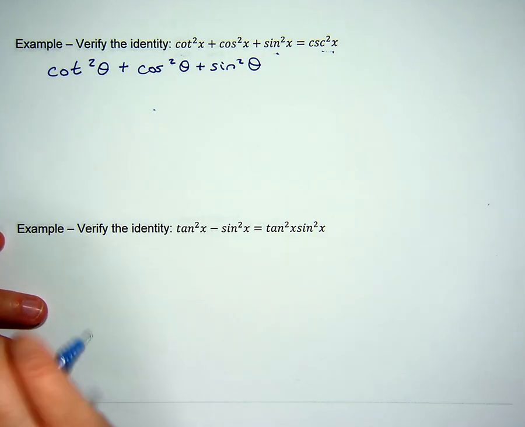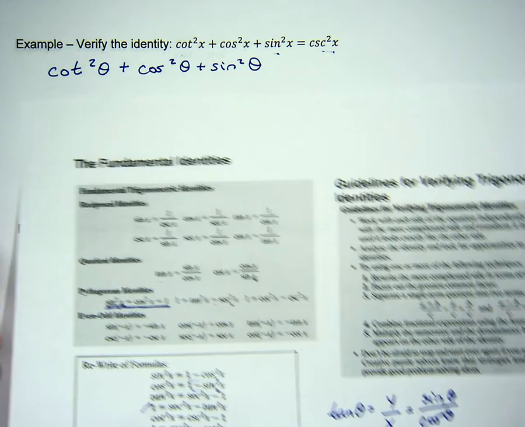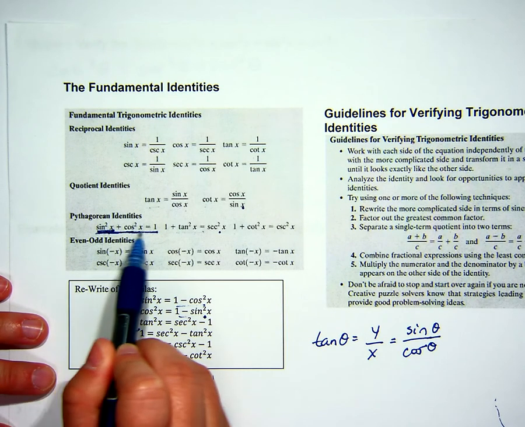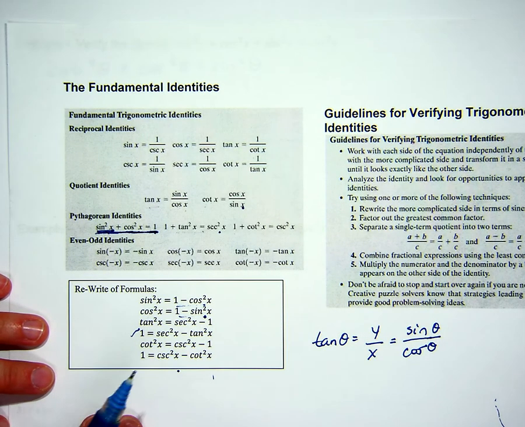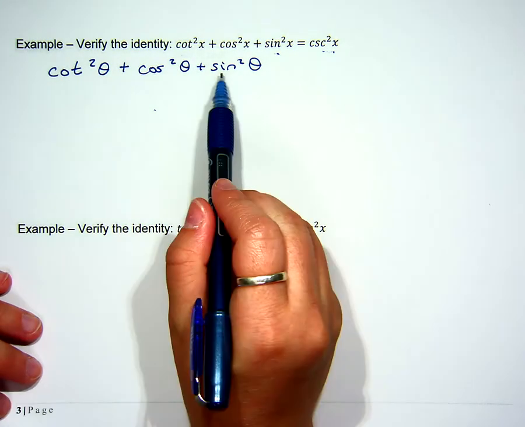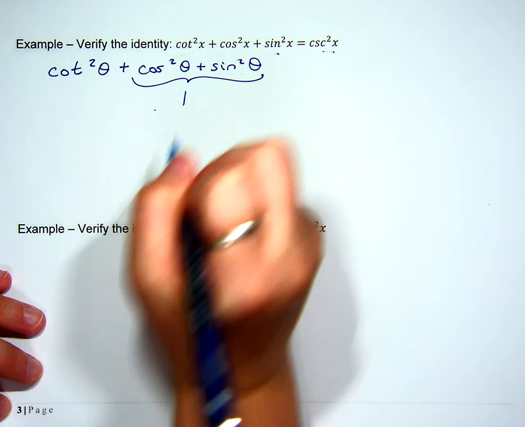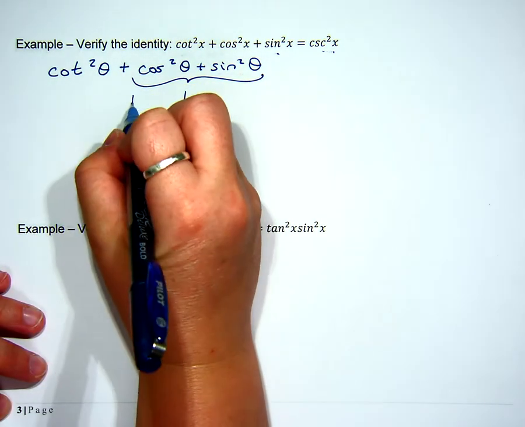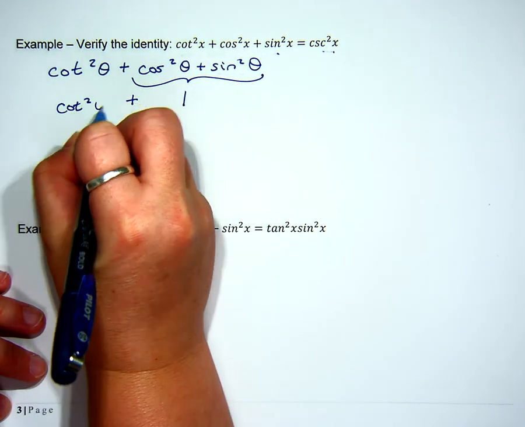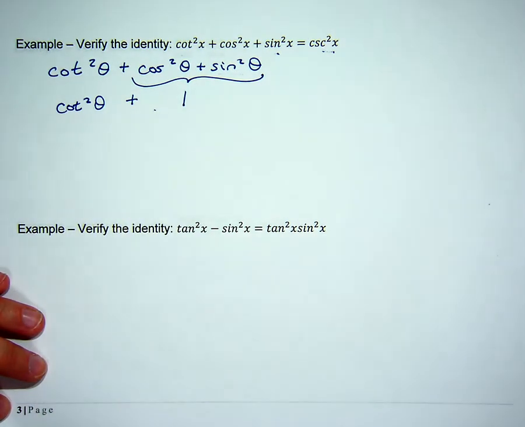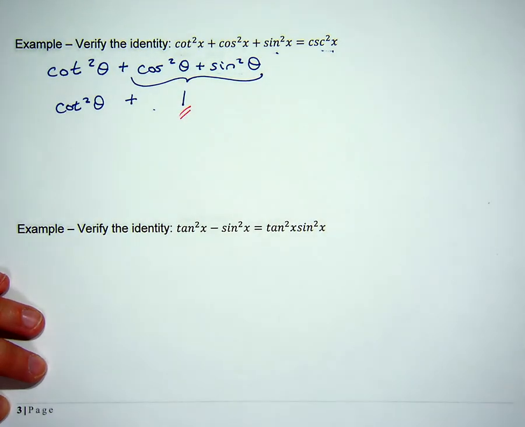One thing to remember is that the very popular trig identity is this one right here: sine squared plus cosine squared is equal to 1. Well, I have sine squared plus cosine squared. This is going to be 1. Bring in plus, here's your cotangent. So I have cotangent squared plus 1. Wait a minute, there's a 1. That means it might be special. Let me go see.